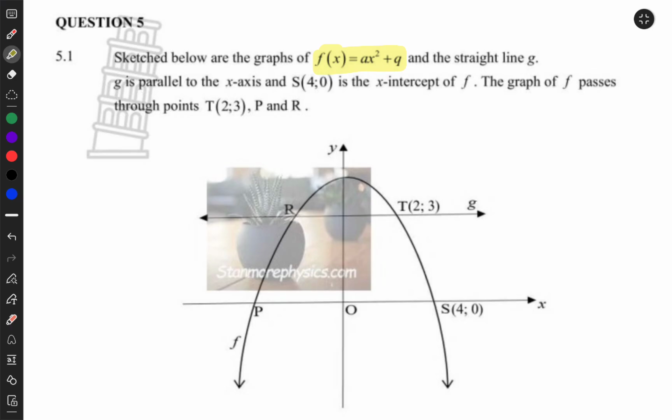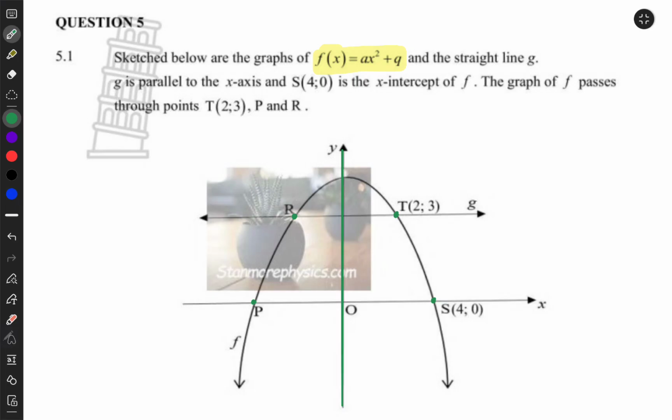It passes through point 2, 3, P and R. So those are the points. We know that the parabola has an axis of symmetry about the y-axis.